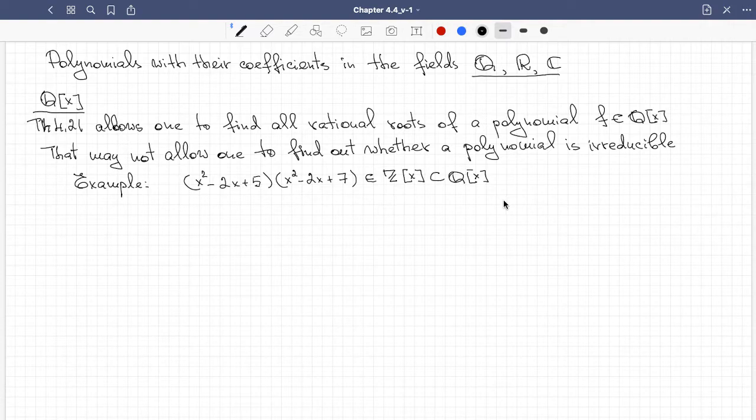That's the content of theorem, quite technical theorem, 4.23.